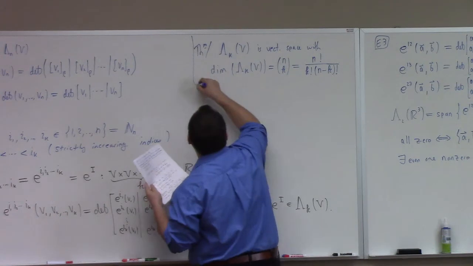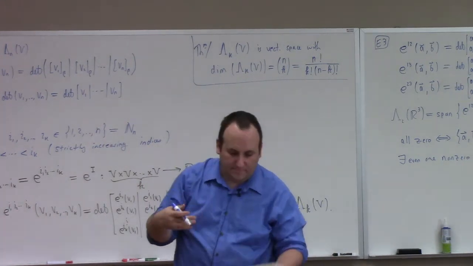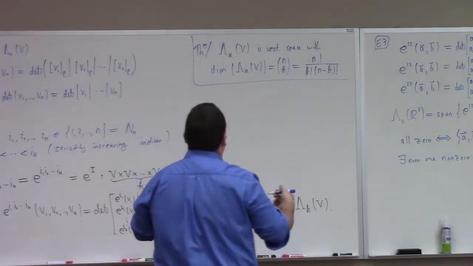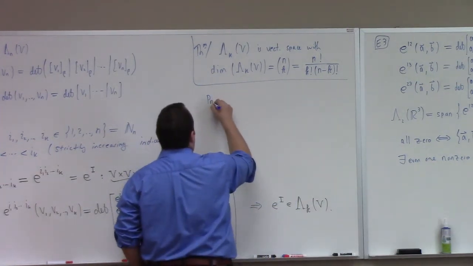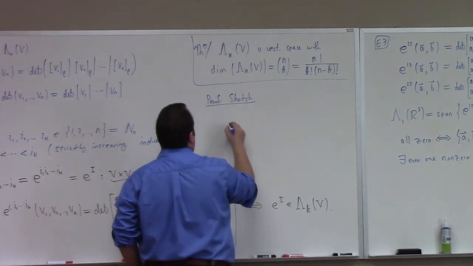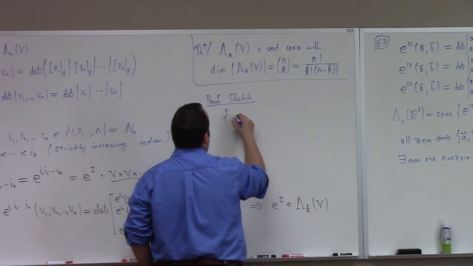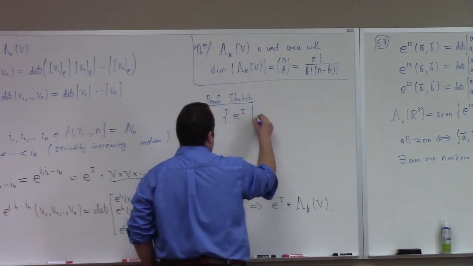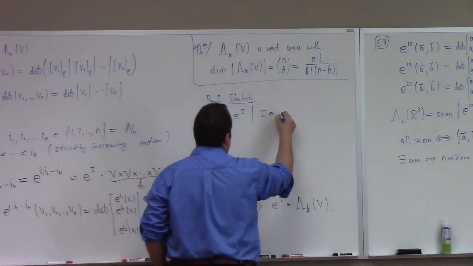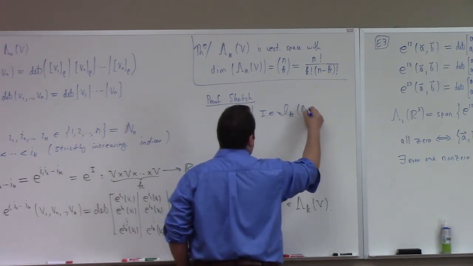So the basic point is that the dimension, here's a proof sketch. Your basis are things of the form E_I, such that I is an element of the K indices taken from n.